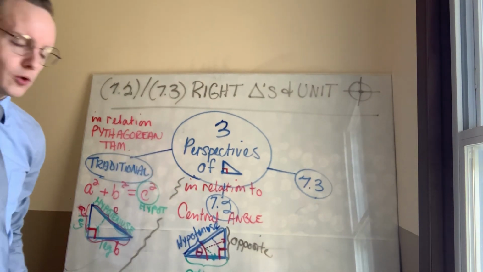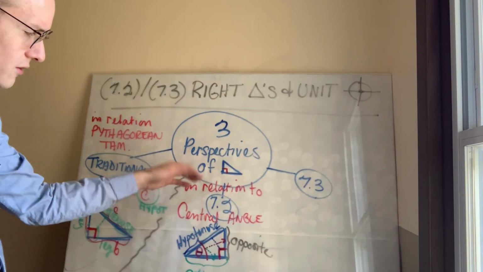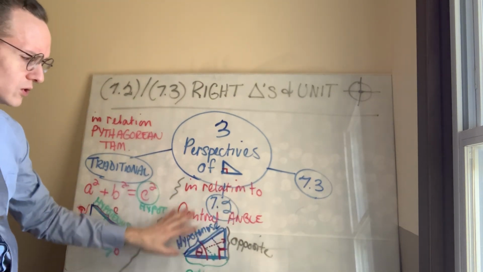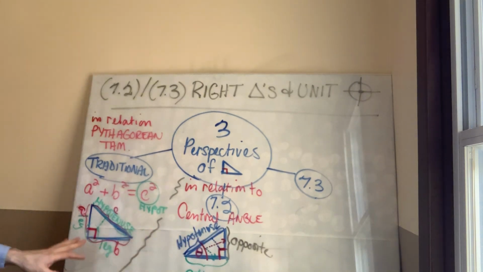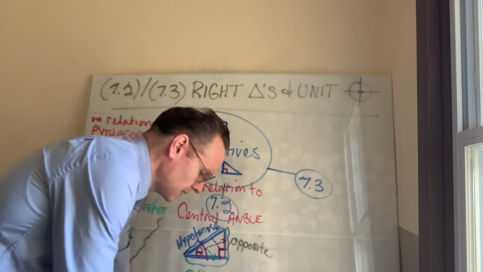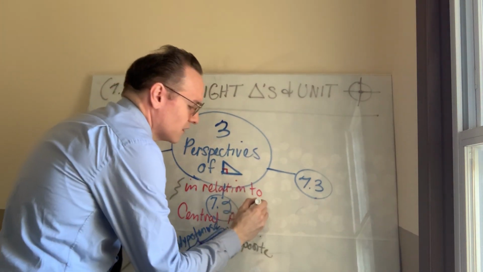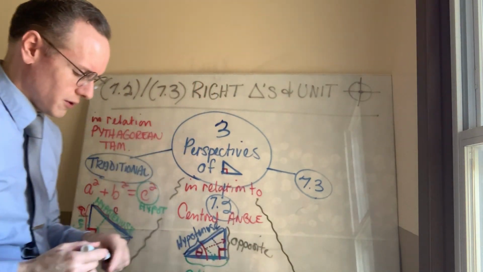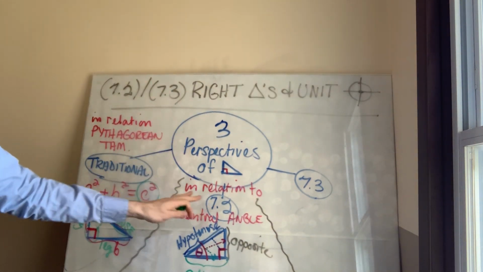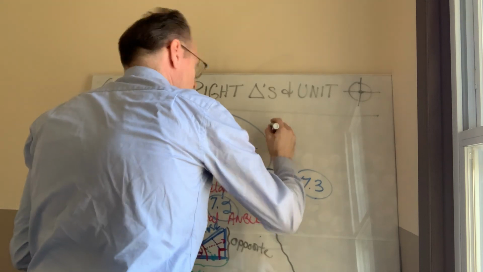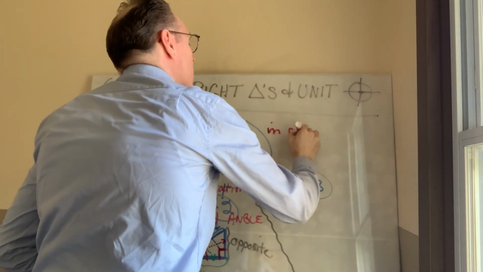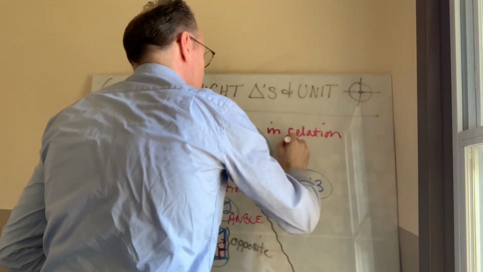Okay? So when you're doing any sort of work, and again, this would be in my open math, section 7.2, just realize that these are what the labels will be, potentially instead of A, B, and C. Okay? And then for section 7.3, be consistent with this, the perspective switches again to being in relation to unit circles.